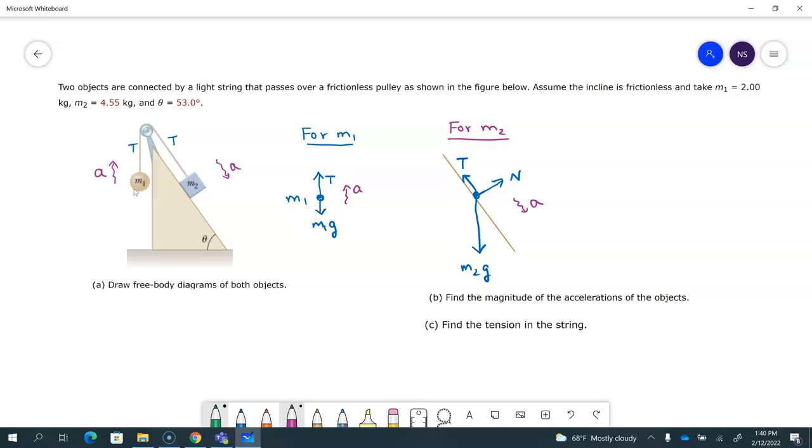Okay. So now the question is, find the acceleration and the tension in the string. So if we look at the problem, we have two unknowns, and the two unknowns are the tension and the acceleration, T and a.